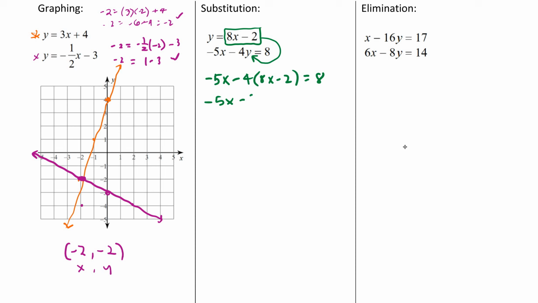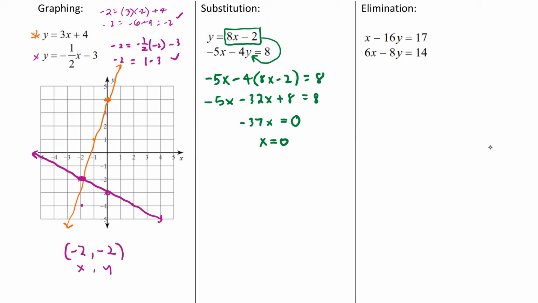-5x minus 32x plus 8 equals 8. I can end up getting negative 37x by combining the negative 5x and the negative 32x. And then I subtract 8 to the other side, so I have 0. So x equals 0. So that's half of my solution.